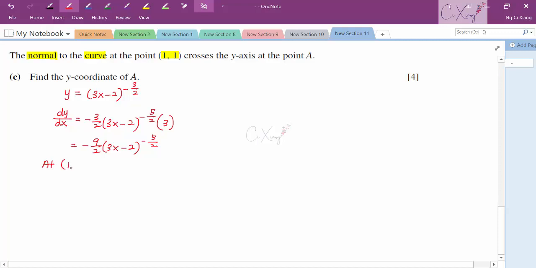So at 1 and 1, the x coordinate is a 1, right? So we substitute 1 into the dy dx. Therefore, I'm having negative 9 over 2. So we should know that this value, negative 9 over 2, is actually the gradient of tangent.